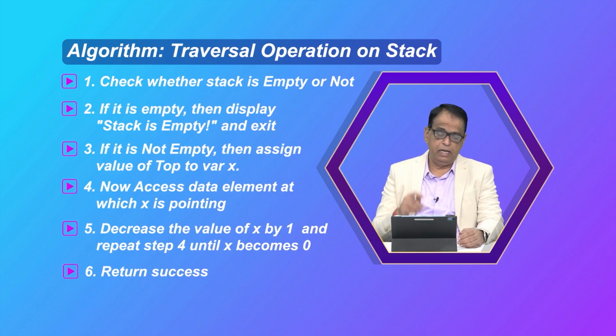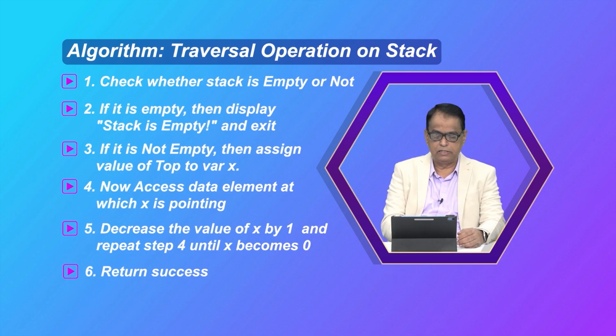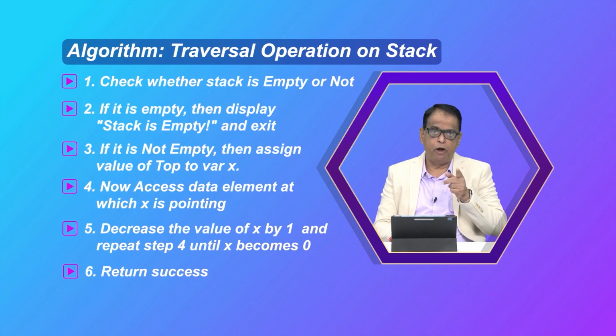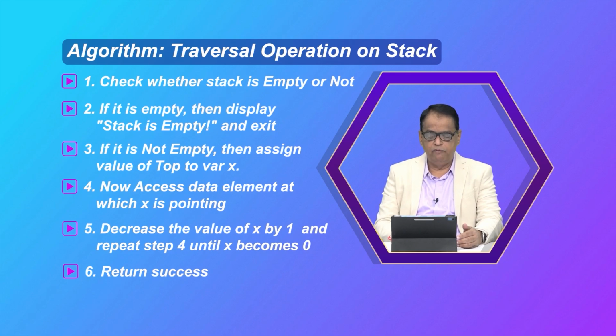But if the stack is not empty, meaning the stack consists of certain elements, then we will assign the value of top to the variable x. The value pointed to by the top pointer will be assigned to the variable x, because top is a pointer, it will point to a memory location, and the memory location will hold a certain value, and this value will be assigned to the variable x.